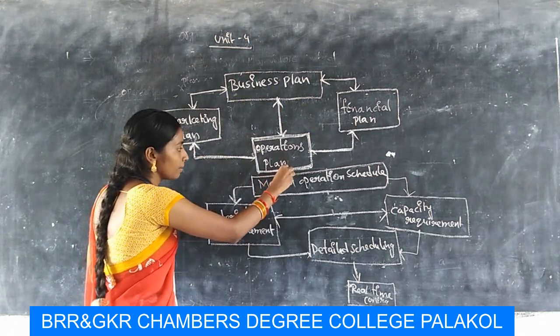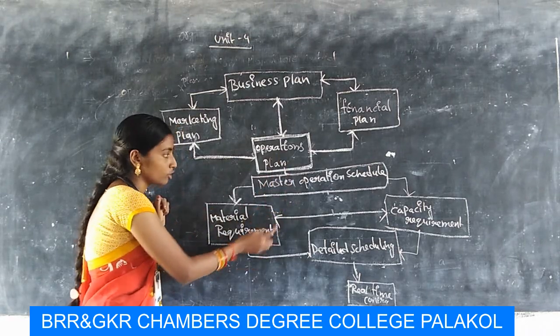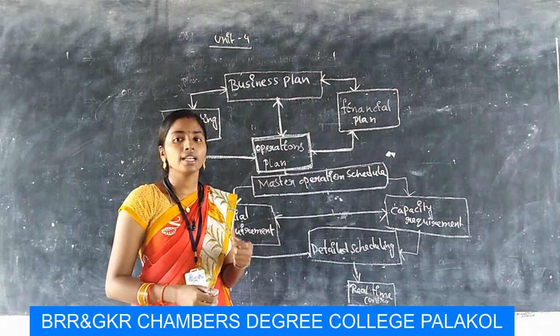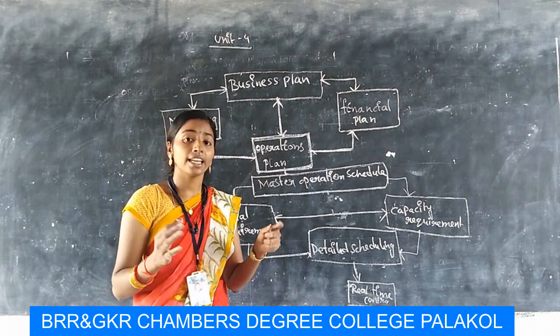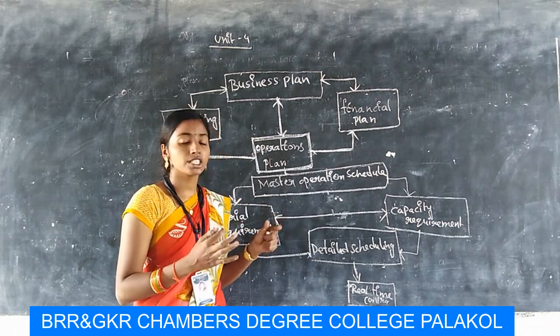Coming to the next segment, the operations plan. The operations plan consists of the master operations schedule, followed by aggregate production planning.